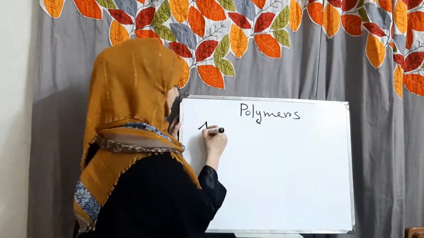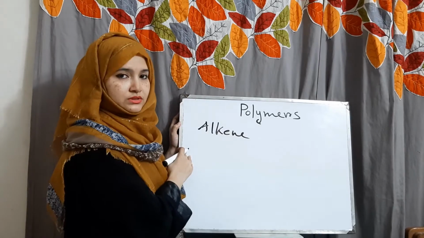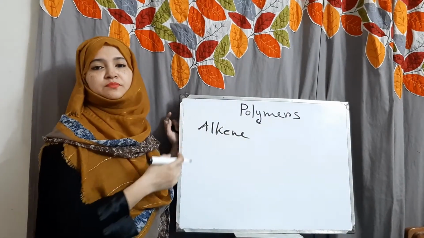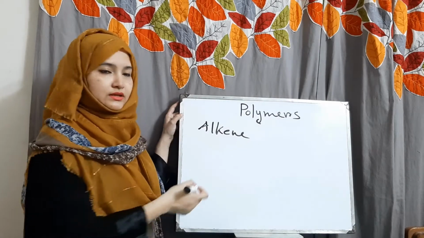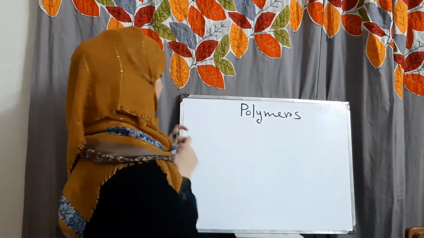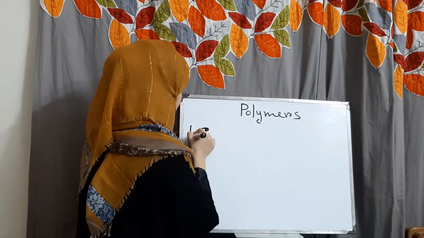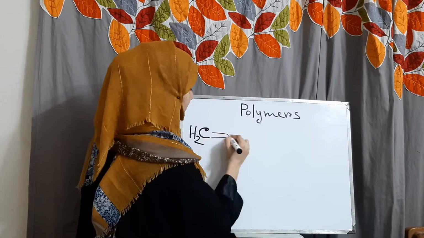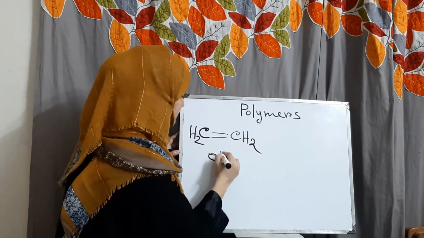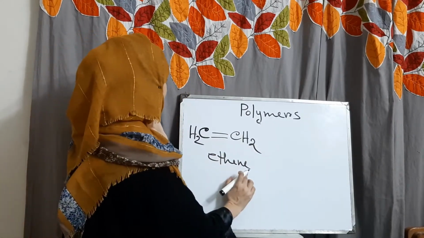Alkenes and their derivatives are used as monomers for this type of reaction. Then we can take the monomer ethene, CH2=CH2, an ethene molecule, and this is the monomer.